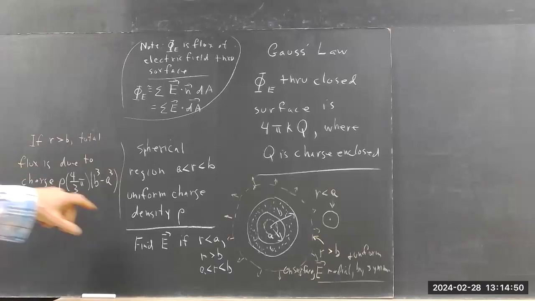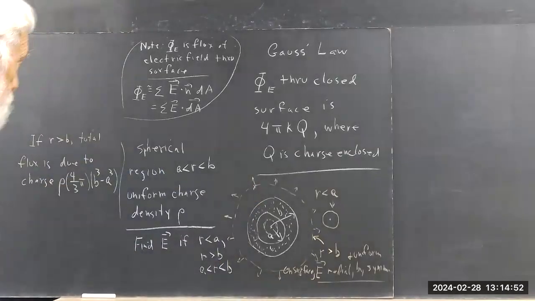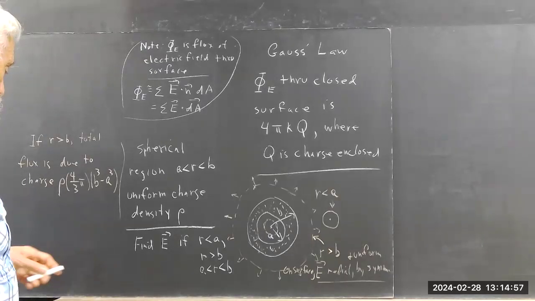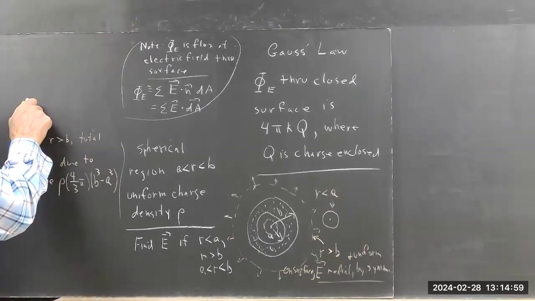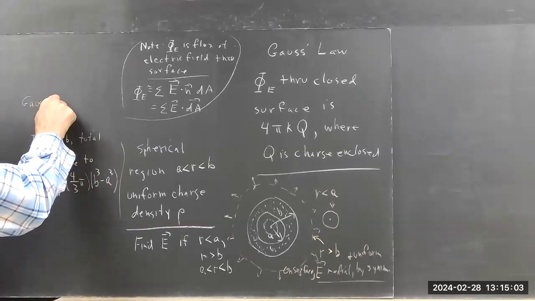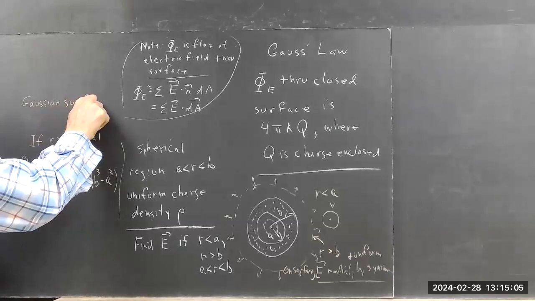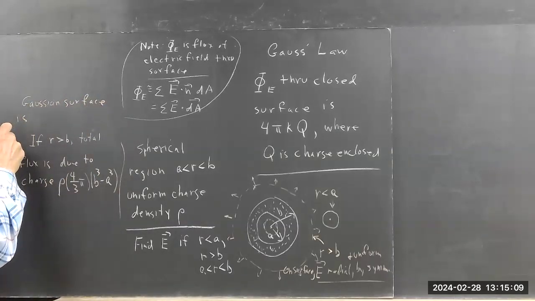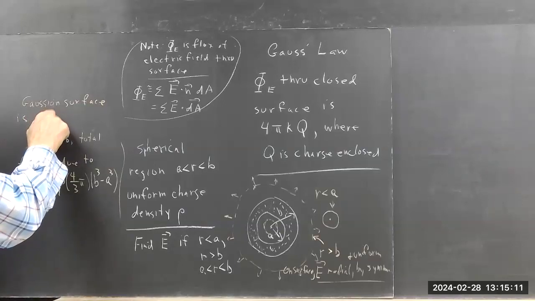That's the total flux in the Gaussian surface. In every case, our Gaussian surface is a sphere.